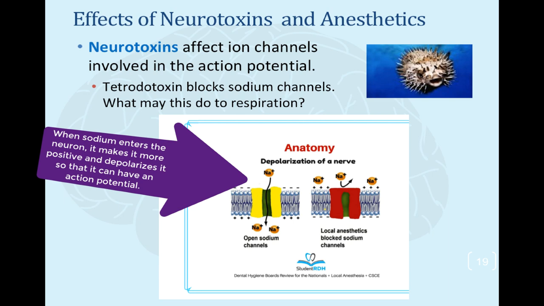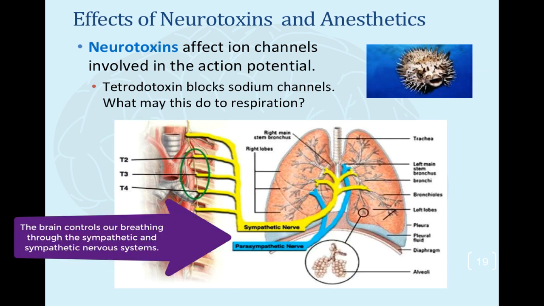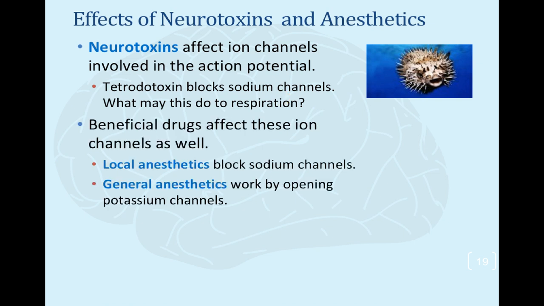And we know that those action potentials are the basis of how our neurons send information through the axons. What if there's a signal coming from your brain to your lungs, telling your lungs to breathe, right? What would this do? If you can't send that signal because the sodium channels are blocked, no respiration, right?